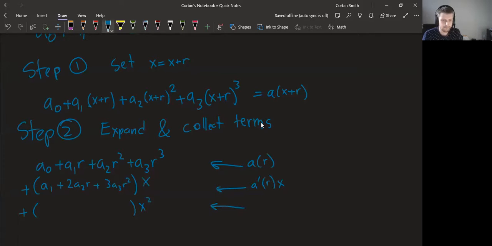Half of the second derivative evaluated at r times x squared. So that was a2 plus 3a3r times x squared, and then finally plus a3 x cubed.